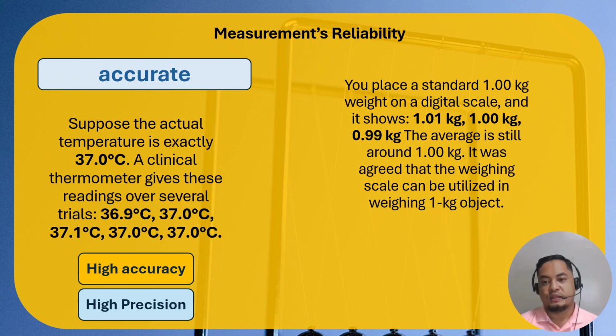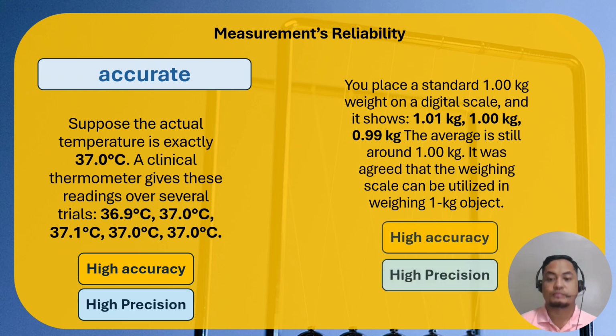And it was agreed that the weighing scale can be utilized in weighing a 1 kilogram object. So in this case, high accuracy and high precision. The data is close to each other, not randomly spread. They're close together, and the mean or the average is close to one. So high accuracy and high precision.